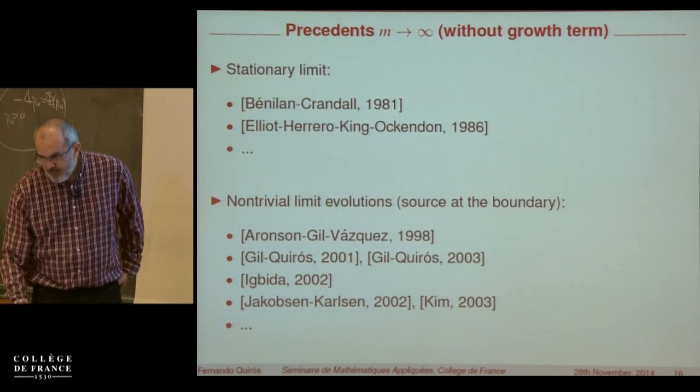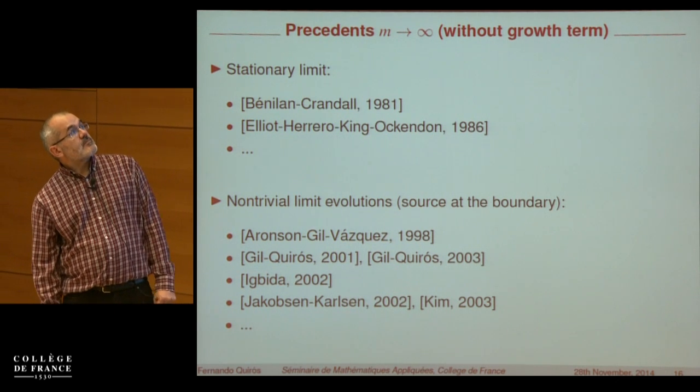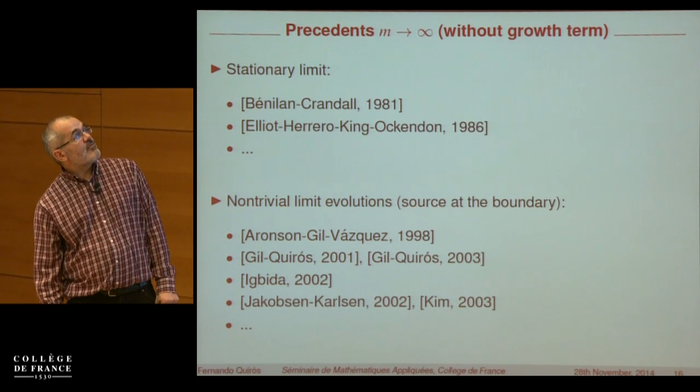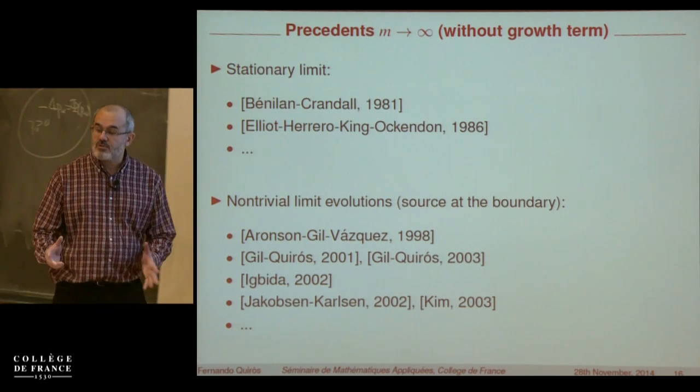So there were several precedents in the case without growth term of this limit when n goes to infinity. First of all, there were cases in which the limit was stationary because there was no source.